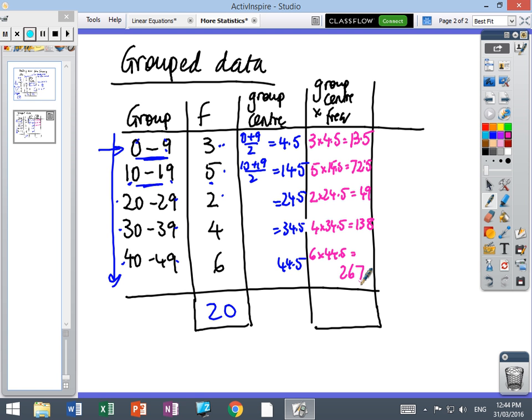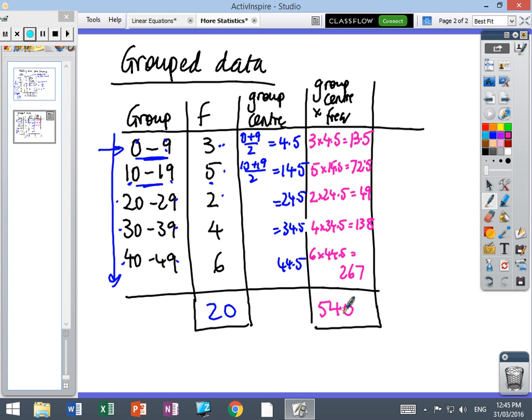And we add those numbers up, 267 plus 138 plus 49 plus 72.5 plus 13.5. So that adds up to 540.